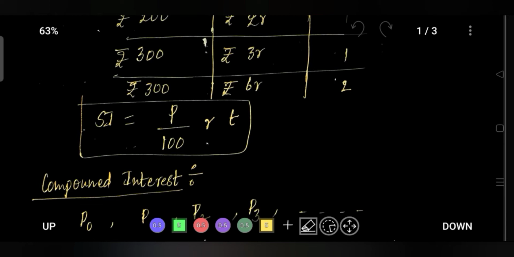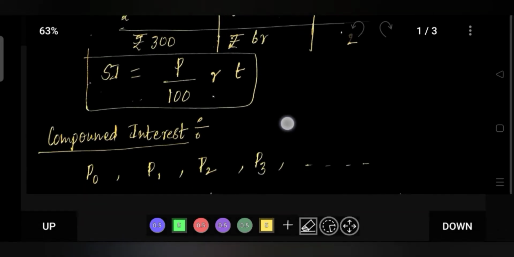Then the rate is R% per annum, which means R is the rent we pay for 100 rupees for using it 1 year. If we use this amount for T years, we should multiply by T also. So that is the simple interest formula.